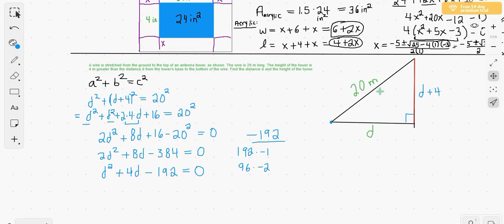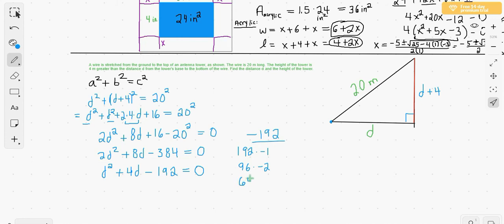I'm going to pan down a little bit. And notice that if we just keep on going, 3 goes into it 64 times, I believe. So 64 times negative 3. I encourage you to use a calculator during these steps because it is a little bit intense with the mental math. 4 goes into it as well, I think.